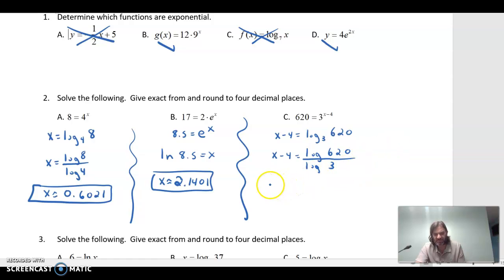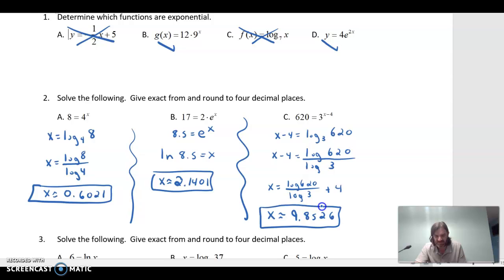We can move that 4 over if we want an exact answer with x by itself. So it'll be plus 4. But if we're going to get a decimal approximation, let's go to the calculator. So log of 620 divided by log of 3, and then plus the 4 that I moved over is 9.8526. And you can put that in for x in the original problem and see if it works out.